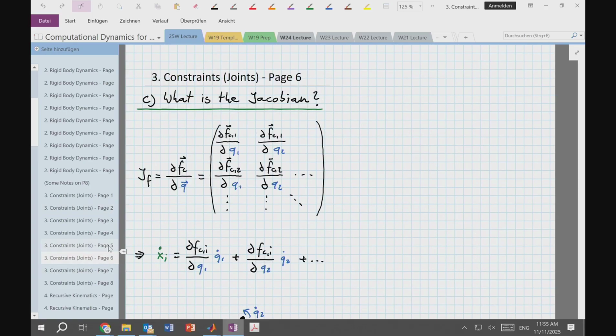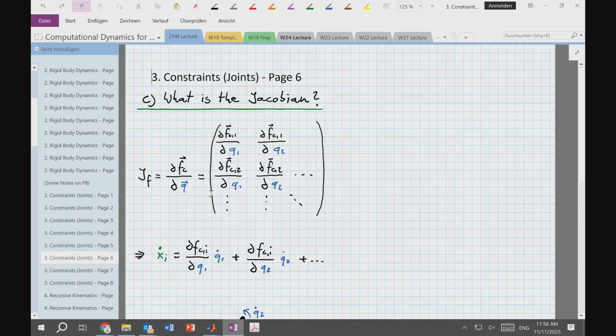What else did I want to show you? I want to discuss with you this Jacobian. We have a mathematical definition where we said this Jf is the partial derivative of our constraint function against the generalized coordinates. If you know partial derivatives, it basically means this is a vector valued function, so I have an fc1, fc2, fc3.